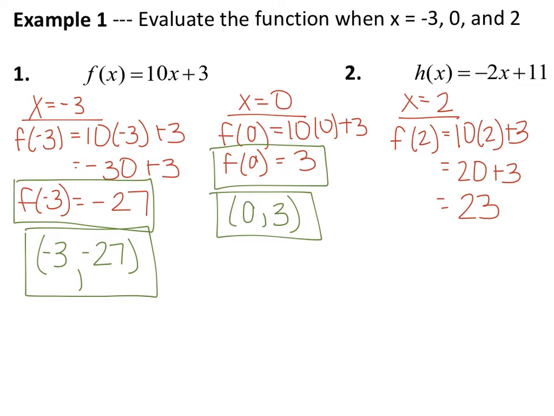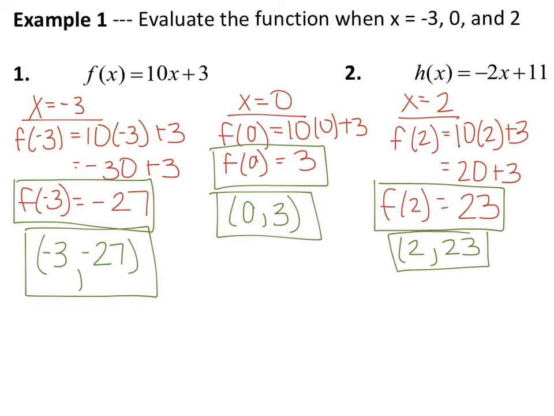So my final answer is f of 2 equals 23, which is my solution when I have to evaluate. And my ordered pair, if I had to graph this, would be (2, 23). Oh, and I forgot my other bracket there.